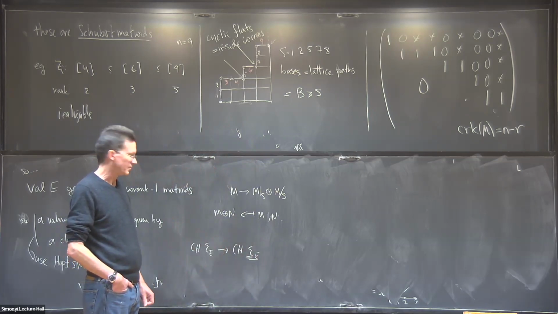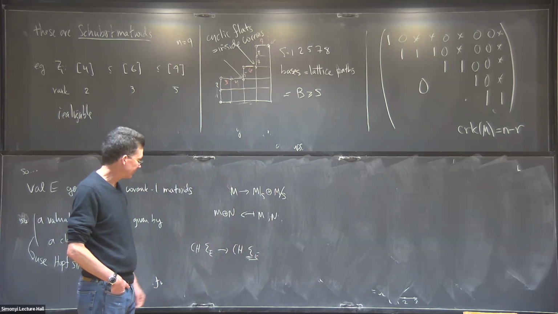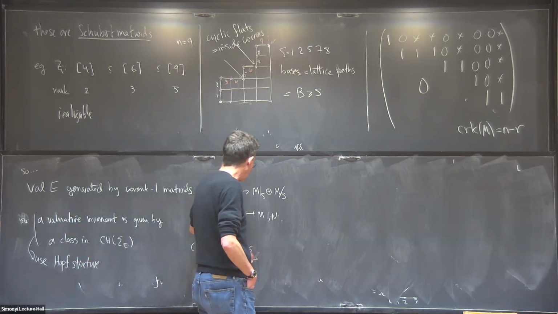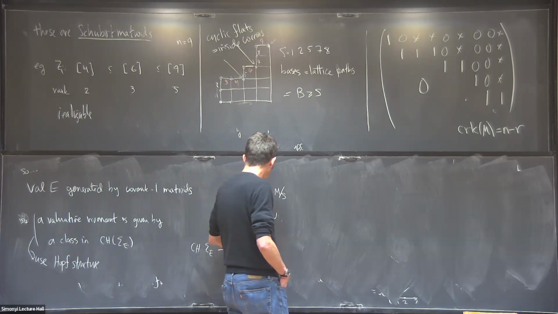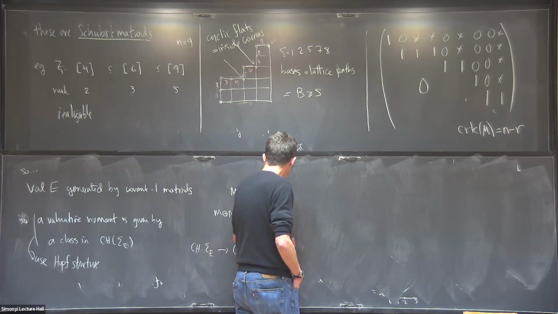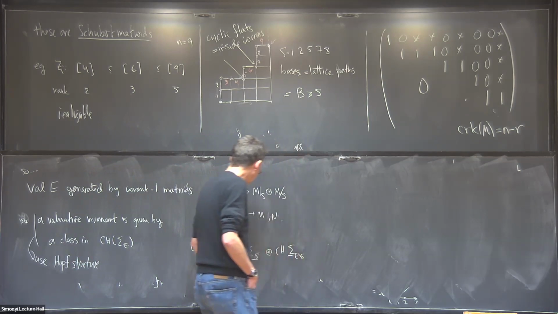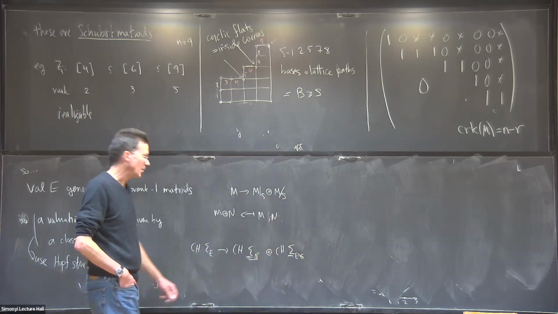Yeah, so there's a map from Chow of sigma E to Chow of underline sigma S times Chow of sigma. And that's a ring map, and that corresponds to the graded version of this.